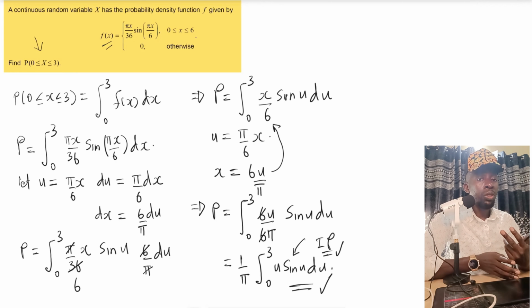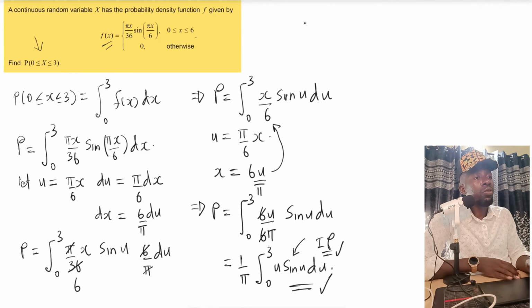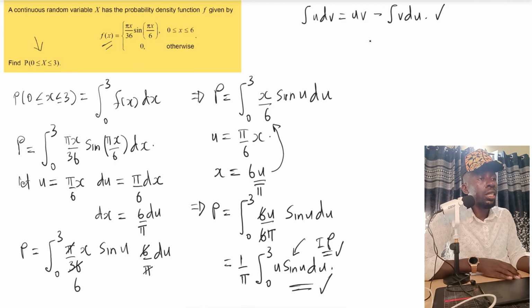If those two conditions are met, we can apply the diagonalization technique. Or you can even apply the formula of integration by parts, the integral of u dv equals uv minus the integral of v du. Even this is fine. But with the diagonalization technique, we differentiate here and just integrate there.